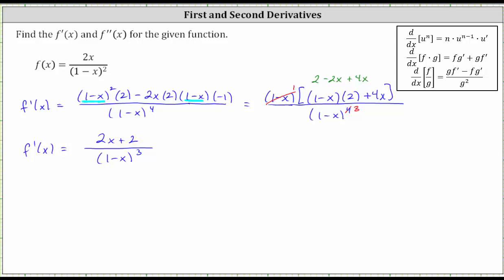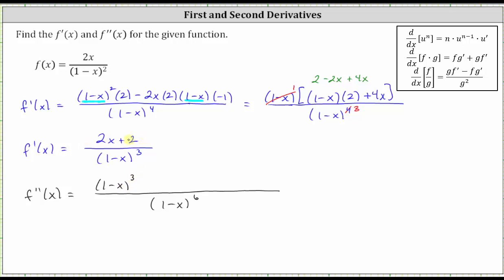And now we need to find the second derivative, which is the derivative of the first derivative. The denominator of the second derivative is the square of the cube of 1 minus x, which gives us 6 factors of 1 minus x, or the quantity 1 minus x to the 6th power. In the numerator, we have the denominator of the cube of 1 minus x times the derivative of the numerator.